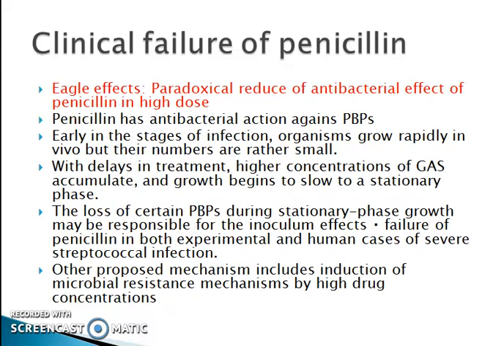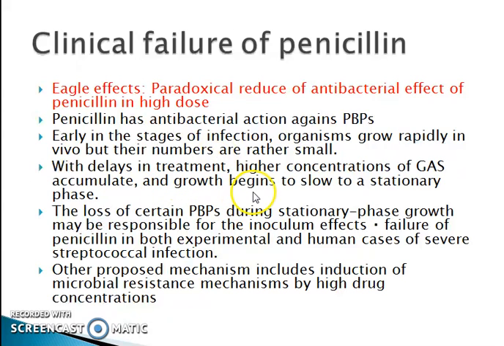It is called the Eagle effect, which is a paradoxical reduction of the antibacterial effect of penicillin at high dose. As we all know, penicillin has antibacterial action against penicillin binding protein. Early in the stages of infection, organisms grow rapidly in vivo, but the numbers are rather small.